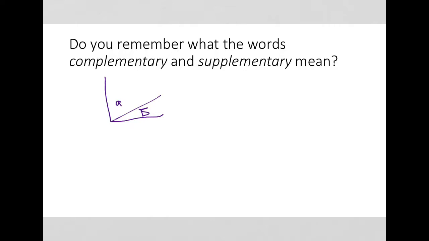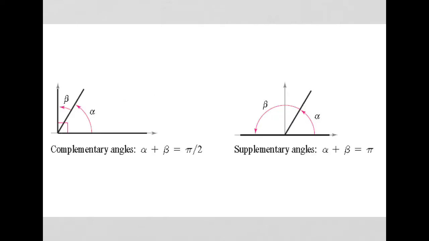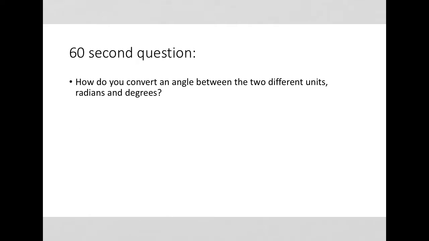Compare that to supplementary, which is going to form a straight line, a straight angle. So these will be any 2 angles that form a linear pair. It means when you add them together, you get 180 degrees, or equivalently, you get pi radians. So that's what we have going on right there.